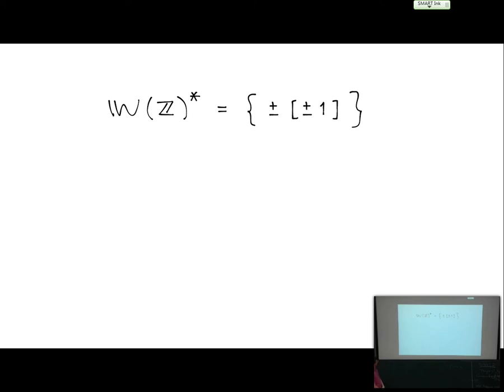Okay, so now I have defined derivations, and now I will define the de Rham complex. But there's a little twist. The units in this ring of big Witt vectors of Z, there are 4 of them, and they are all square roots of 1.